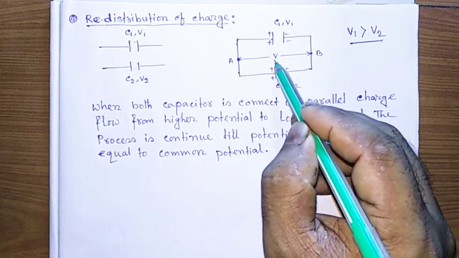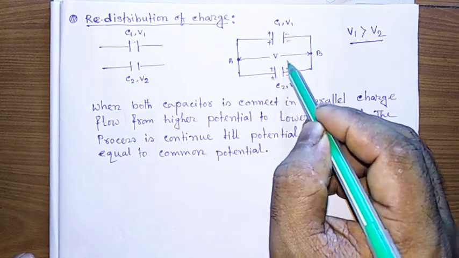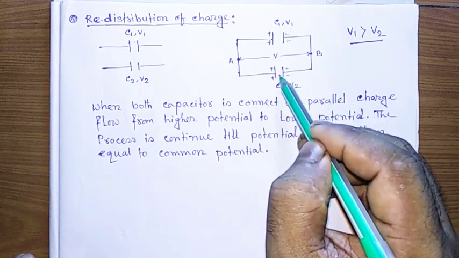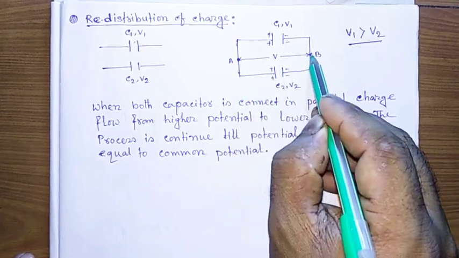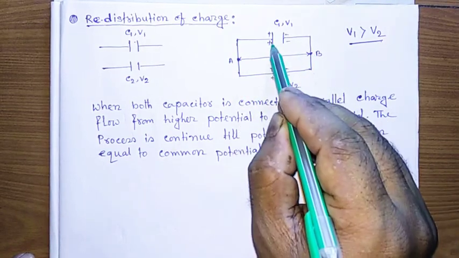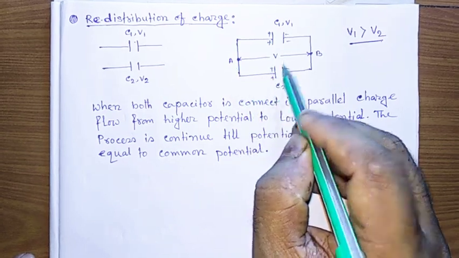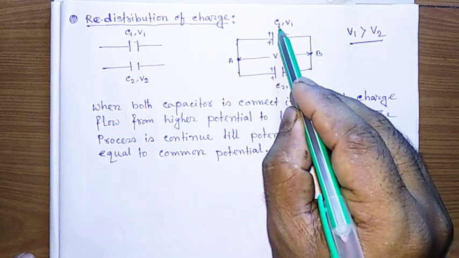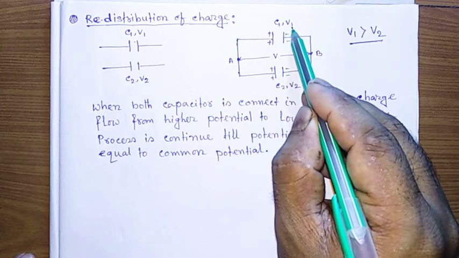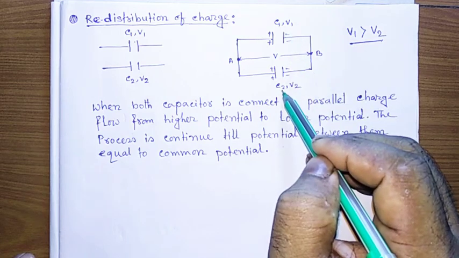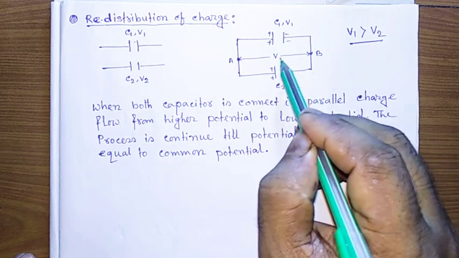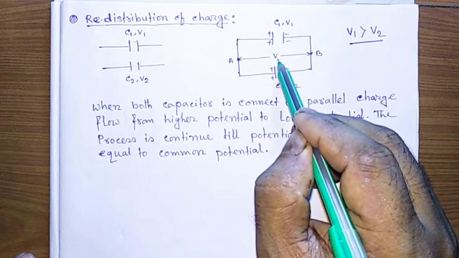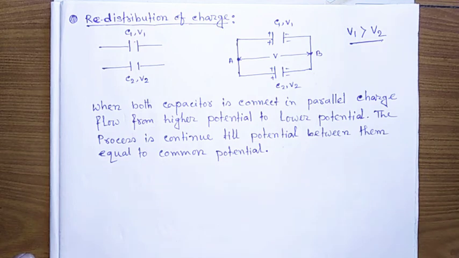This process continues till both capacitors achieve a common potential, and this common potential is V. So after redistribution of the charge, the potential of C1 will not be V1 and the potential of C2 will not be V2. The potential is V, which is common for both.